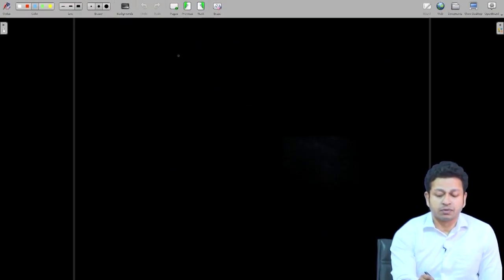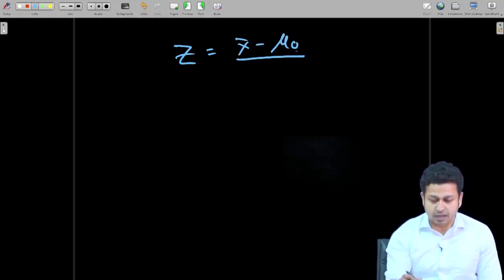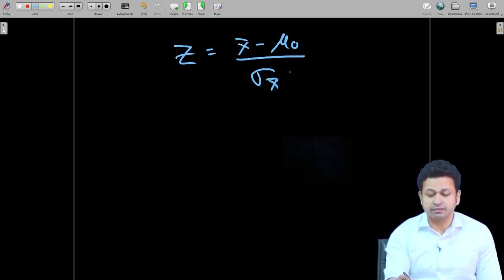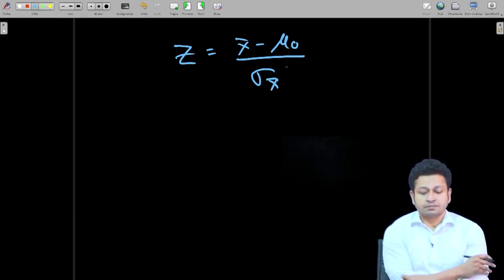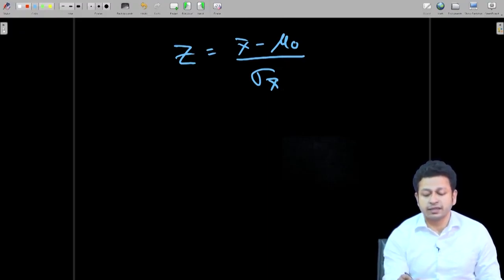If my standard deviation is known, I write z equal to x bar minus mu 0 by sigma x bar, where my standard normal z is going to be this. Here sigma is known.